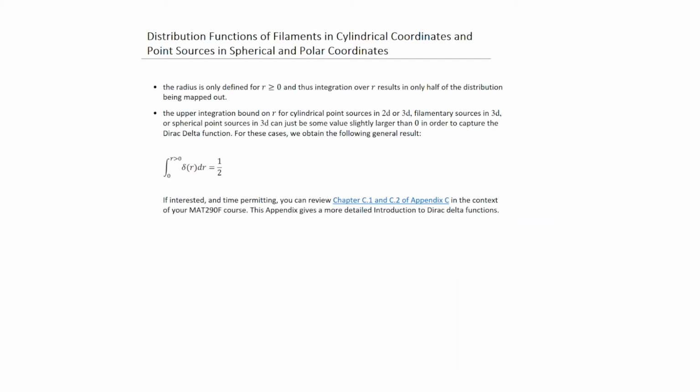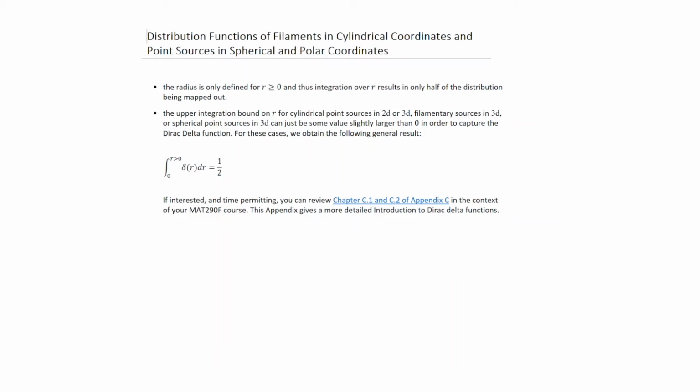In either cylindrical, spherical, or polar coordinates, the radius r is only defined when it's greater than or equal to 0, and thus integration over r results in only half the distribution being mapped out. So for instance, at theta equals 0, you would see one half of the distribution. At theta equals pi, you would see the other half. Just keep a note that you're seeing only half of it.